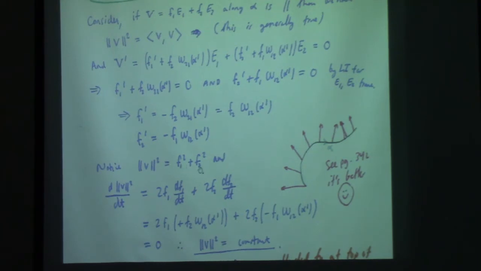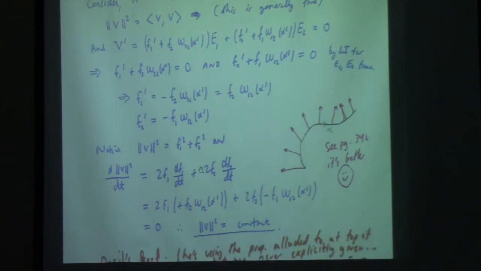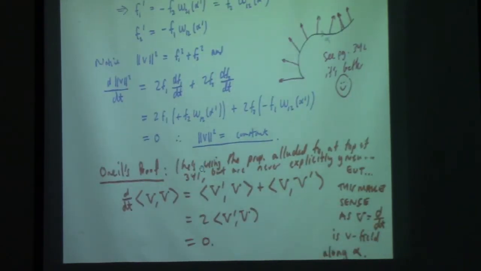Would you like to see O'Neill's proof? Sure. Here it is. To prove that the length is constant, it's kind of depressing, he just looks at the derivative of the inner product of V with V. By the product rule, that's V prime with V plus V with V prime, which is twice V prime with V, but V prime is given to be 0, so it's 0.